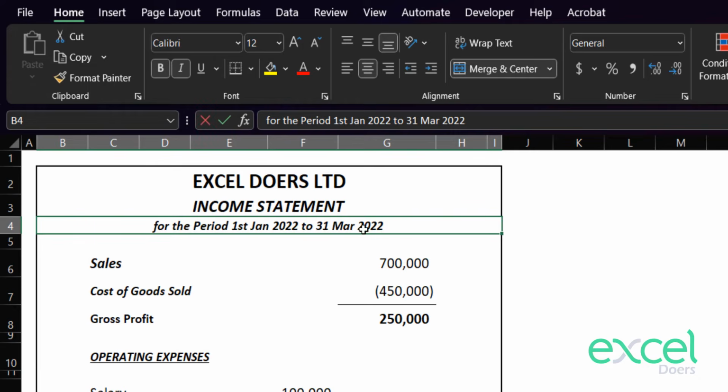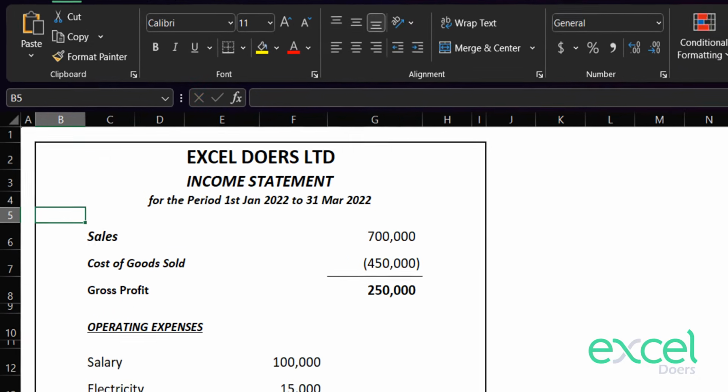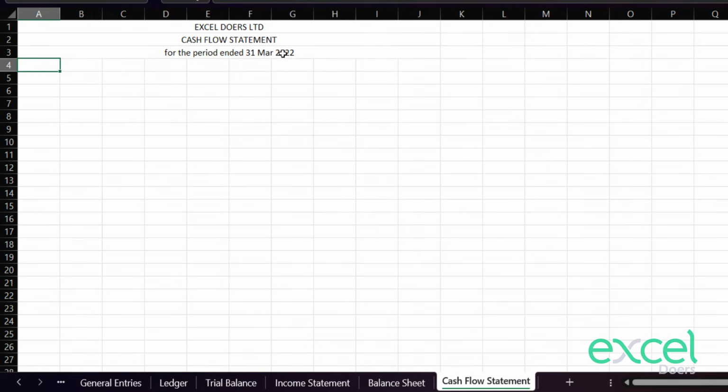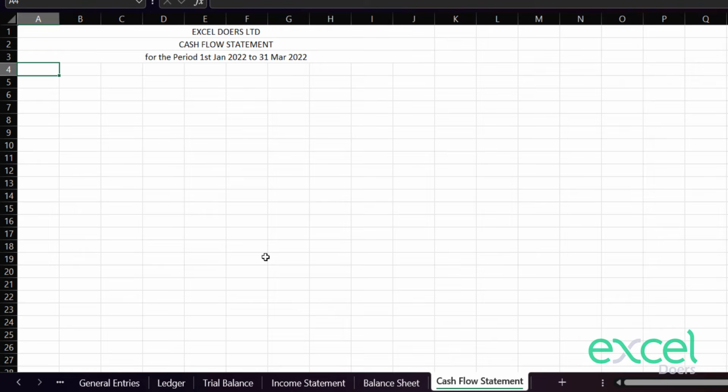Or you can also copy this statement: for the period 1st Jan 2022 to March 2022. Yes, this would be better so it remains consistent.